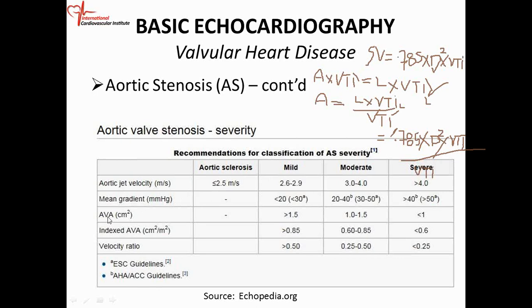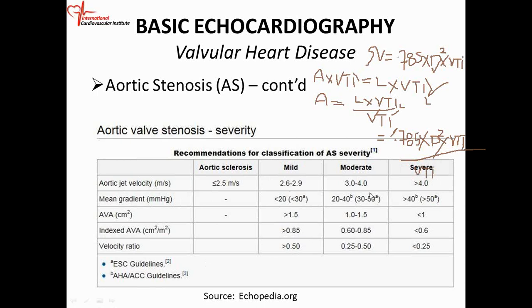If the aortic valve area is greater than 1.5 centimeters squared, then it's mild. If you index it and it's greater than 0.85, then it's mild. And that velocity ratio that I just showed you, using the VTI across the LVOT and the VTI across the aortic valve, if it's greater than 0.5, then it's mild.